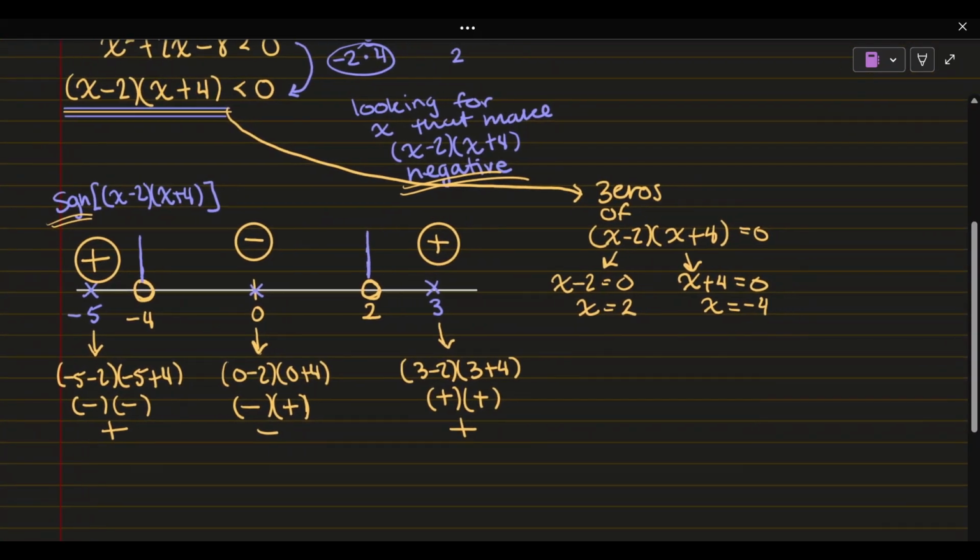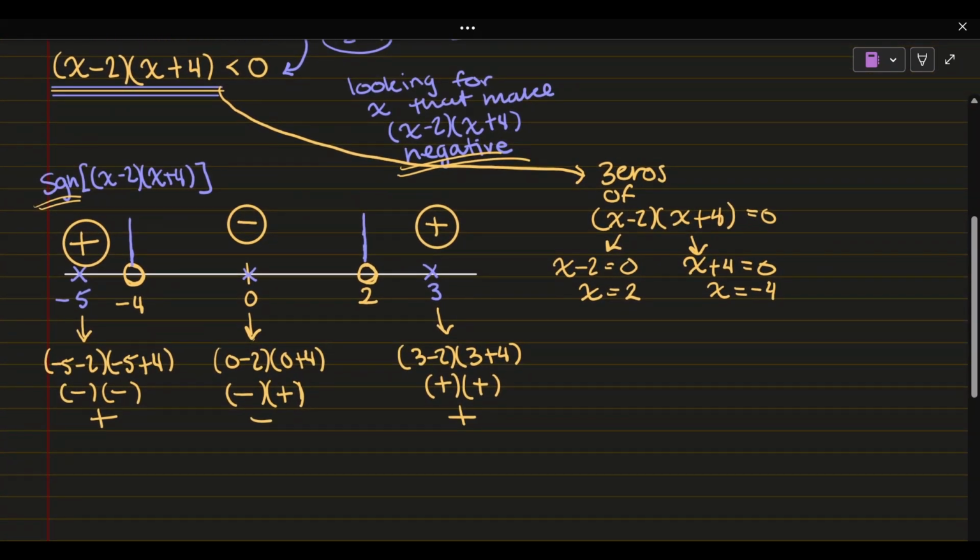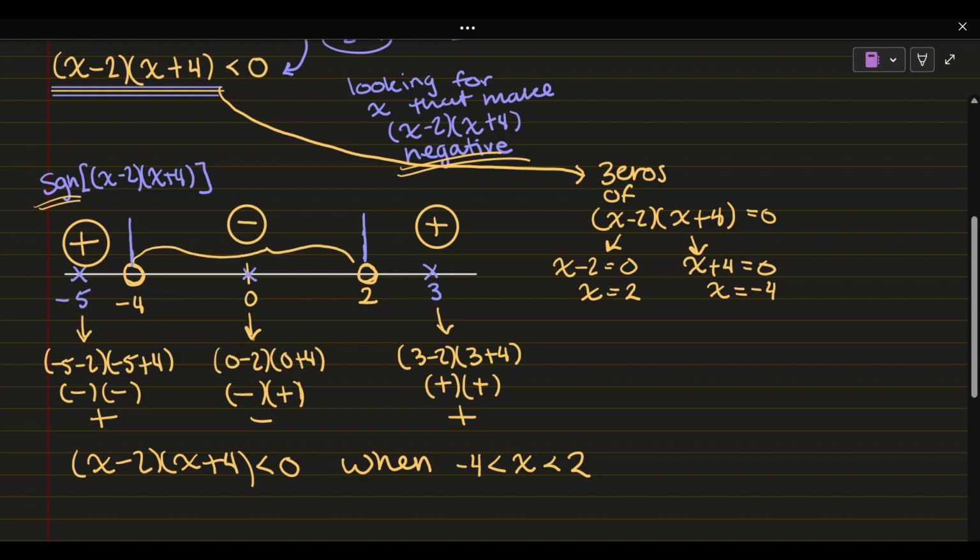So the x values that make it negative, or the x values that satisfy this inequality, we'll write x minus 2 times x plus 4 is less than 0 when I have x is strictly greater than -4 and x is strictly less than 2, right? That's this region here where this left-hand side is negative.